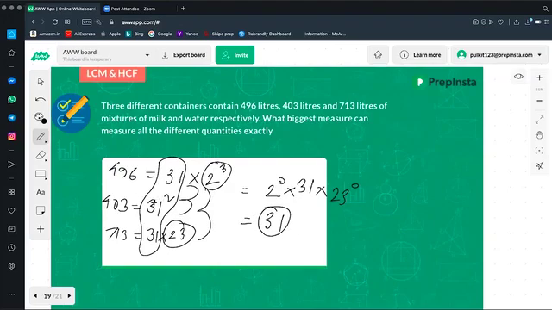Utkarsh, in HCF we see the minimum power available in all the numbers. Here it is 1, here it is 1. Because we are finding the HCF, we'll take only 31 to the power 1, not square.